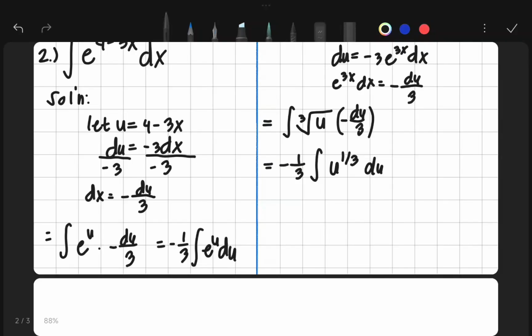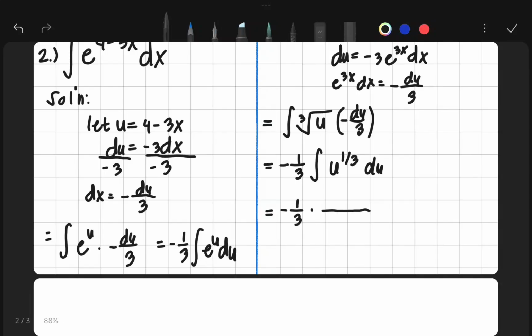And we just need to apply the power rule of integration. We need to add 1 to its exponent, and at the same time, we need to put its power in the denominator.